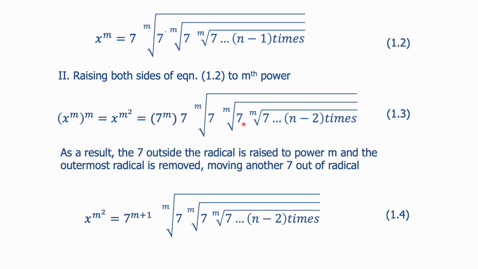As a result, the 7 outside the radical is raised to the power m and the outermost radical is removed, moving another 7 out of the radical. We can write it as x to the power m square is equal to 7 to the power m plus 1 multiplied by the mth root of 7 multiplied by the mth root of 7, and so on, repeated n minus 2 number of times.